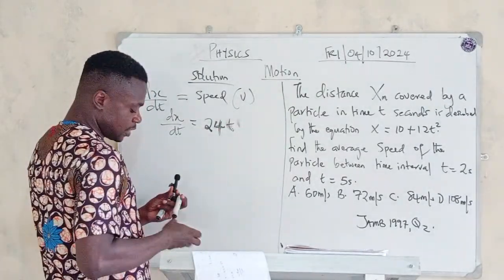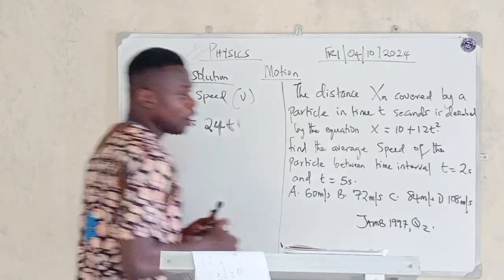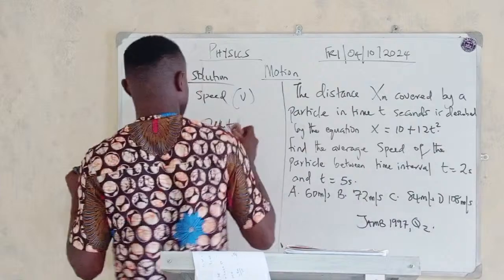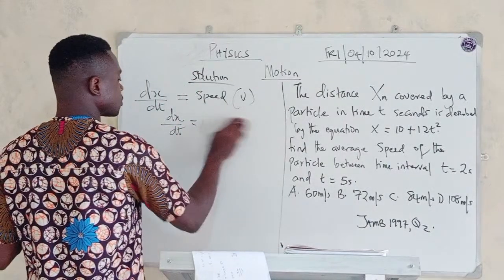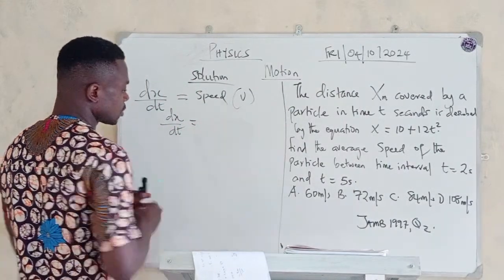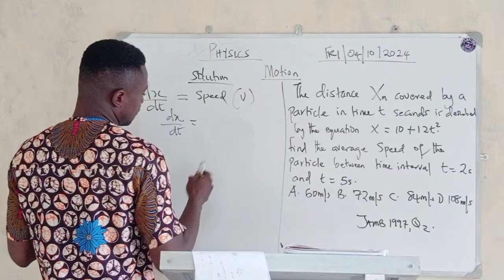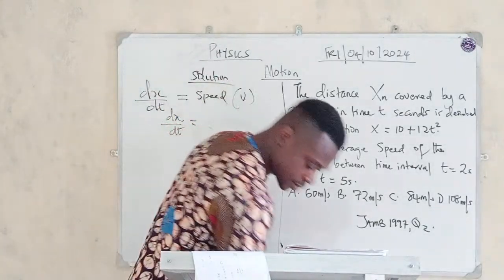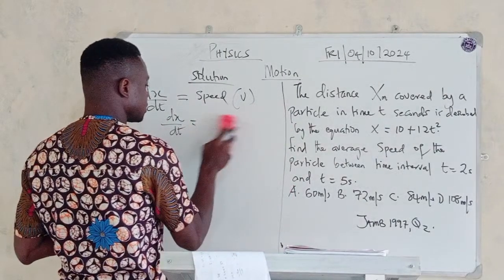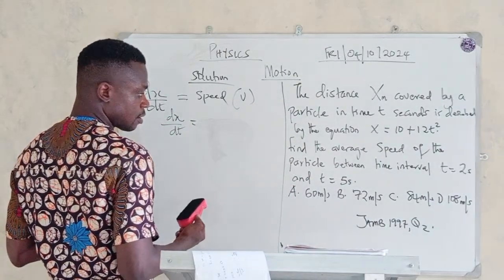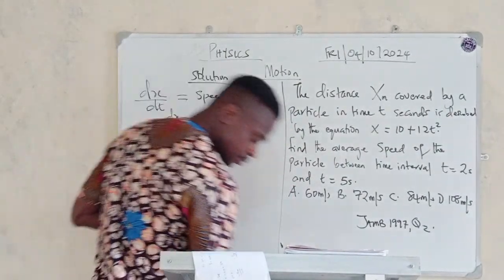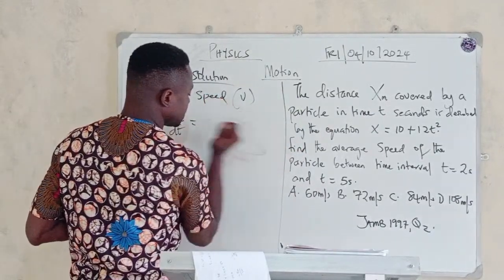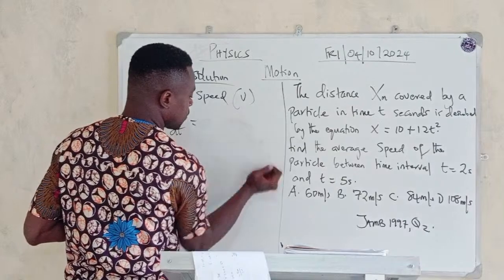So we have 24t. What have I done? This is messed up.